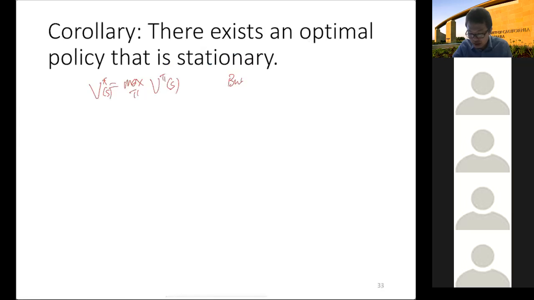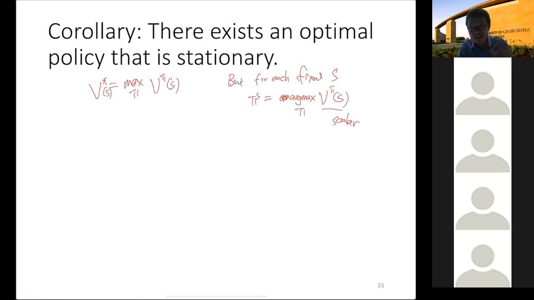But at least for each fixed s, we can construct the so-called pi, let's index it by s, to be the argmax of V pi of s, right? This is something that always exists because this is a scalar, right?